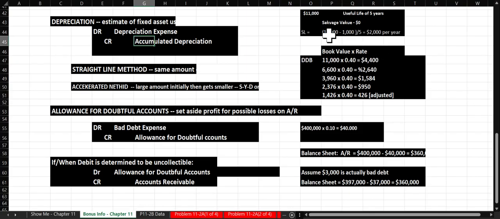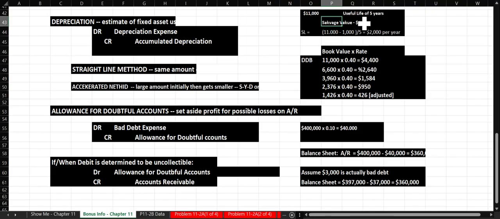So in this case, we have an $11,000 asset, and we estimate that at the end of 5 years, this asset will have a value, a salvage value. And I said zero here, but I'm using 1,000. So I would need to change that to reflect my actual calculations.